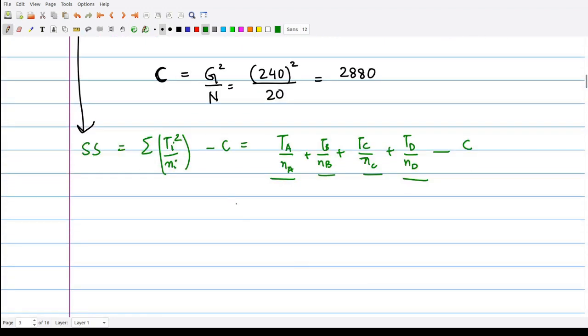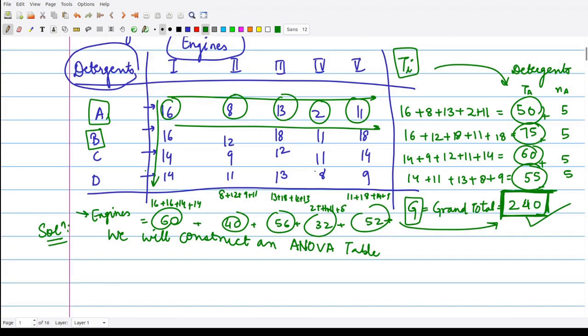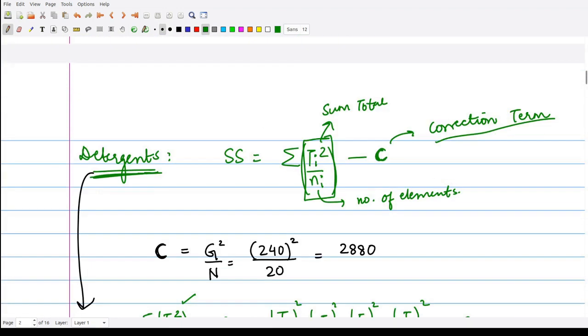Let's go look back to our table. We have 50 for the value of Ta, this is Na, this is Tb and this is Nb. Similarly, this is Tc and Nc, and this is Td and Nd.